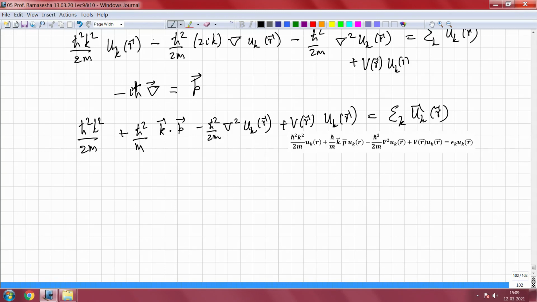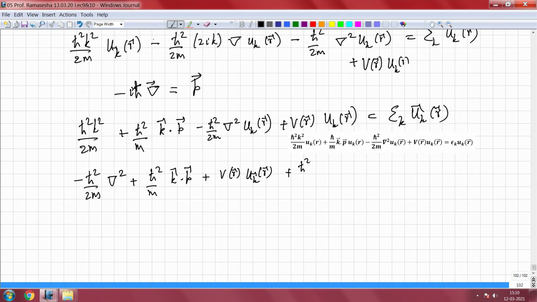Or I can write it as minus h cross squared by 2m del squared plus h cross squared by m k dot p plus V of r acting on u k of r.